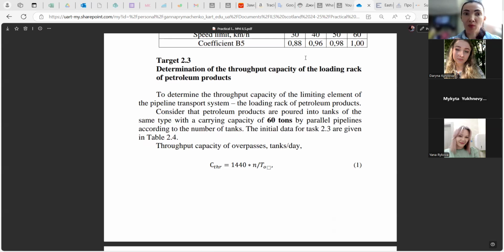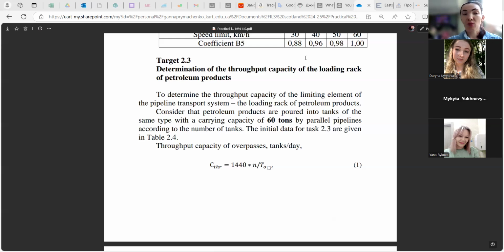Please write on your paper or in your documents that it is task number 2.3. And the terms of our task: it is determination of the throughput capacity of the loading rack of petroleum products. So it is not a specific cargo for us. It is about petroleum products, and it is not road capacity, but the capacity of the loading rack.